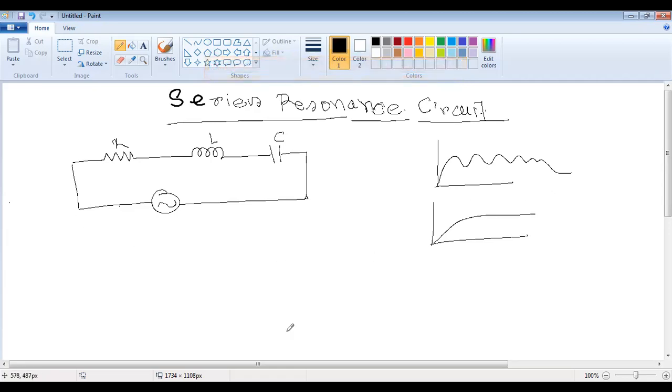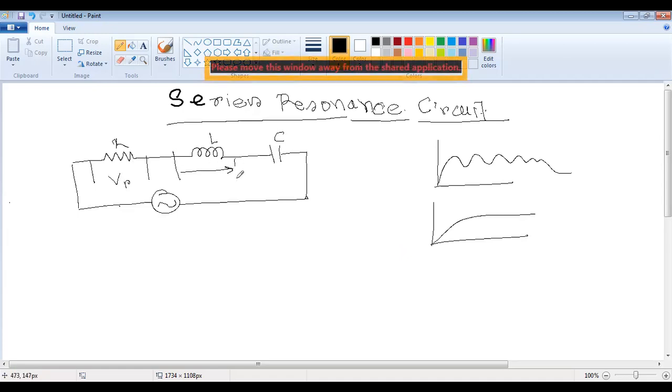In the series resonance, we can see this is the VR, this is VL, and this is VC.